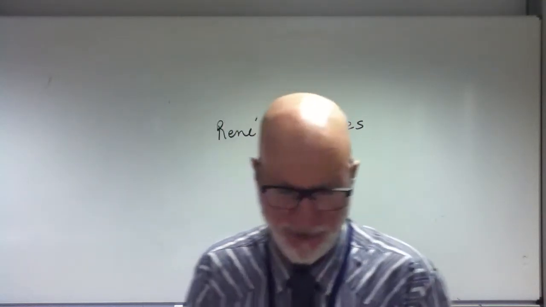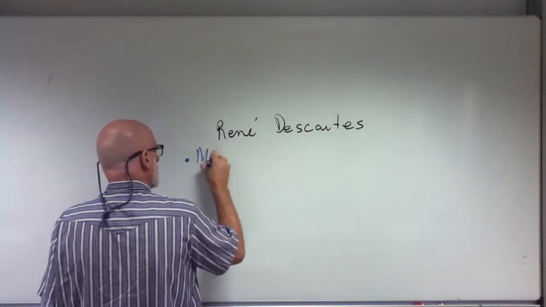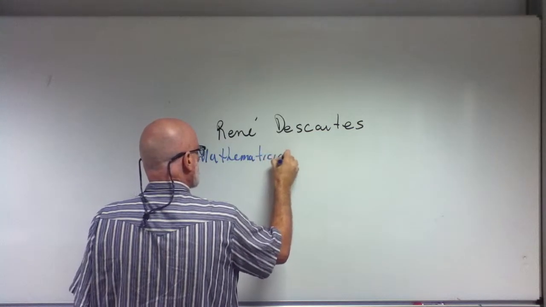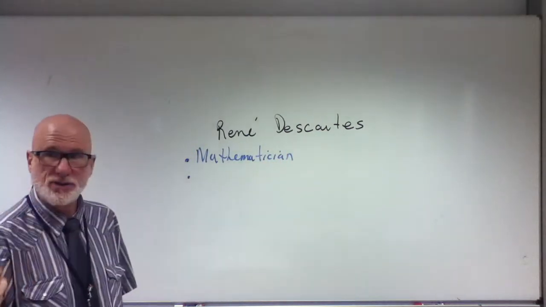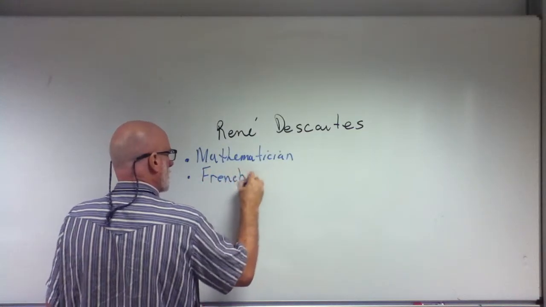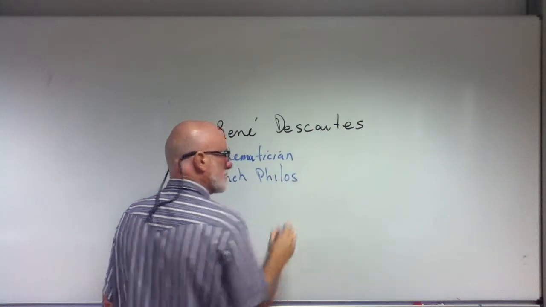Yes, first bullet. He was a mathematician. And philosopher. Is that spelled correctly? Help me with my spelling. He was a French philosopher. How do you spell philosopher?